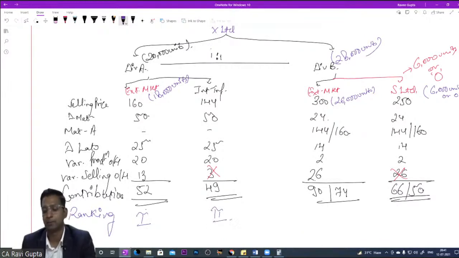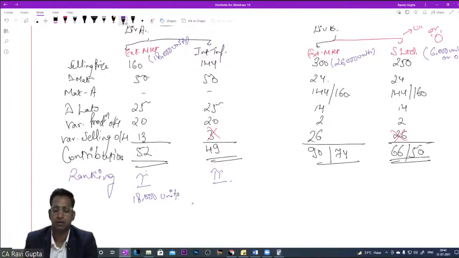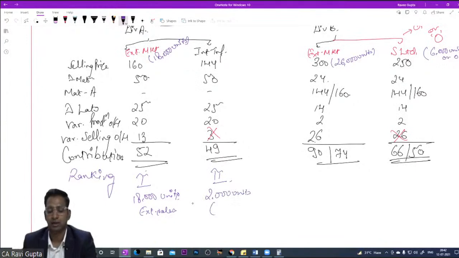So in this situation, 18,000 units will be external sales, and 2,000 units will be internal transfer. This will be the best strategy.